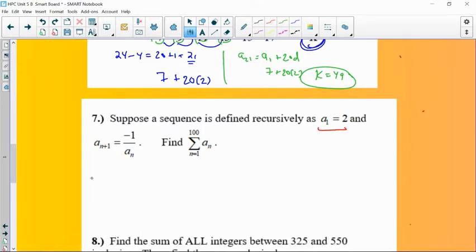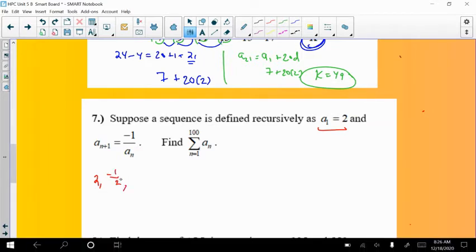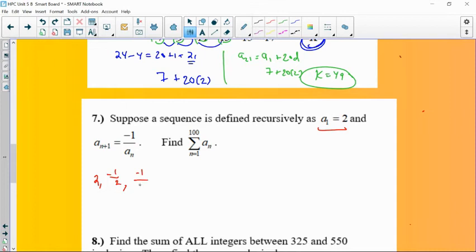So first term is 2. And then to get to the next term, we're going to do -1 divided by the term we just did. So -1 over 2. And then to get to the next one, we'll do -1 divided by that. So -1 divided by -1/2. Well, that's really just 2. So then to get the next term, -1 divided by that.